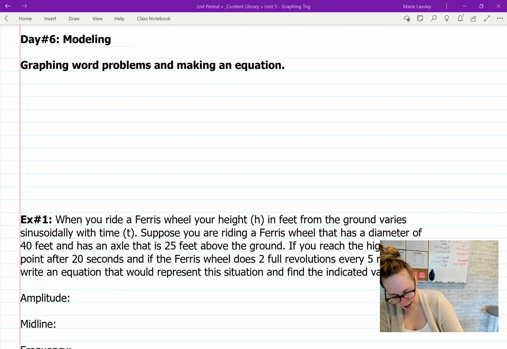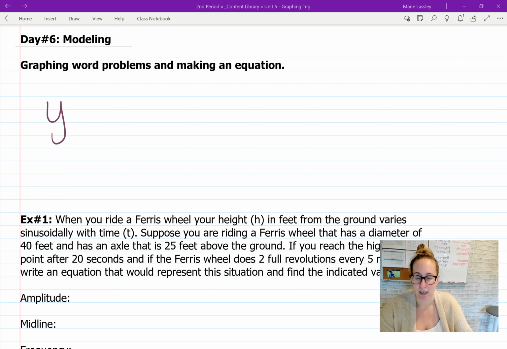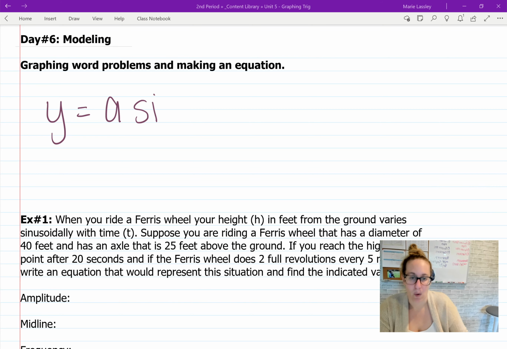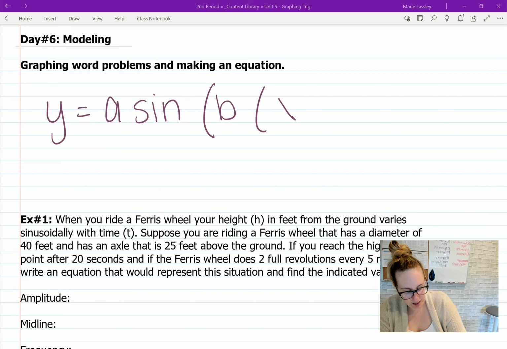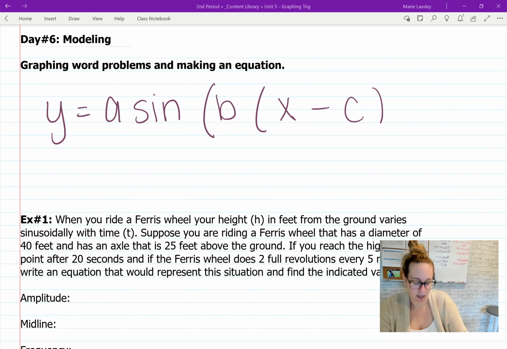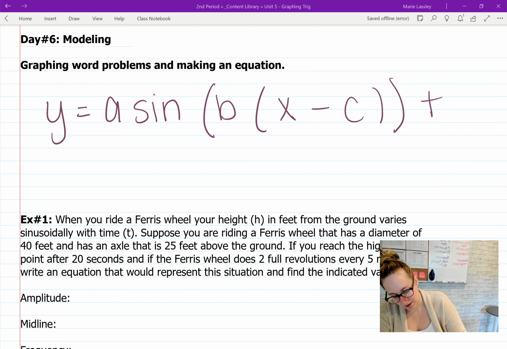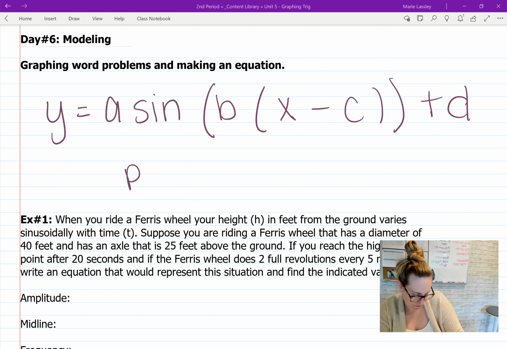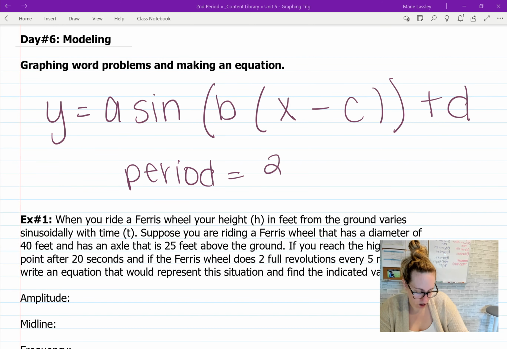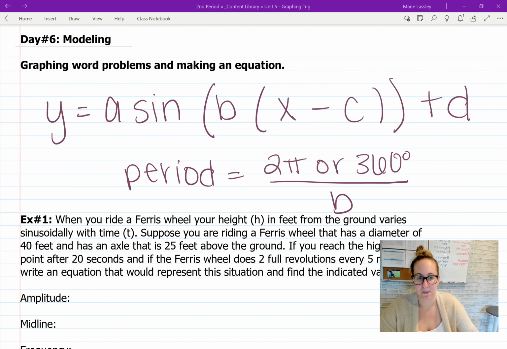All right, so just remember again, this is our standard transformation equation. So we have y equals a sine or cosine of b times (x minus c) plus d, where b is our frequency and our period equals either 2 pi or 360 divided by the b value.